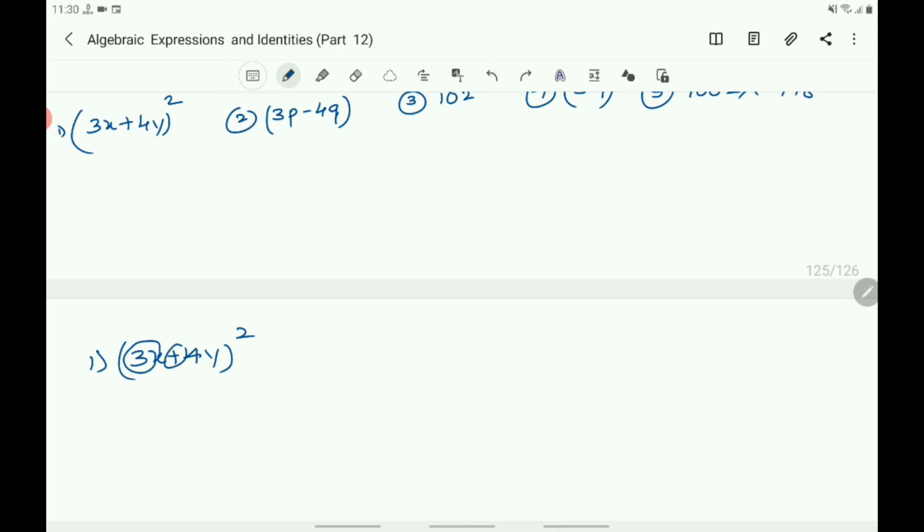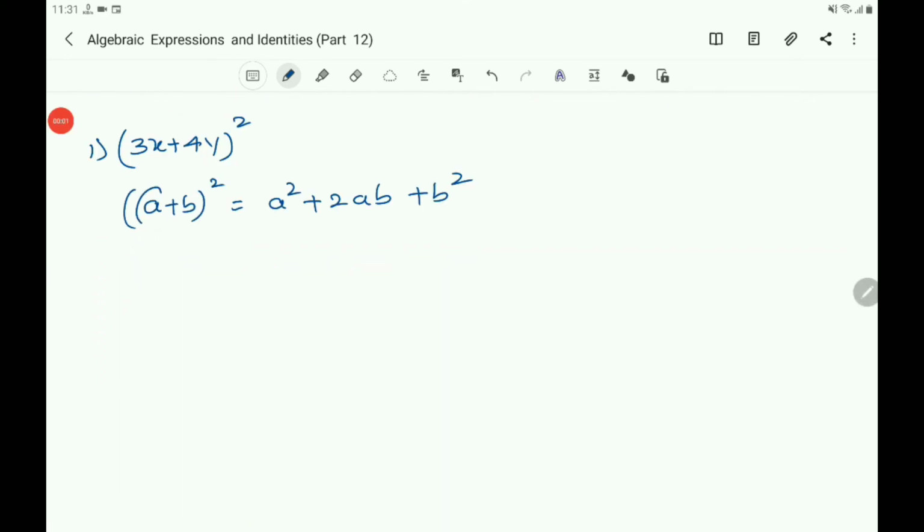It is a square of a binomial, which is in the form of a plus b whole square. Consider this is a, this is b, and here it is a plus b whole square. Now you write a plus b whole square equals a square plus 2ab plus b square.